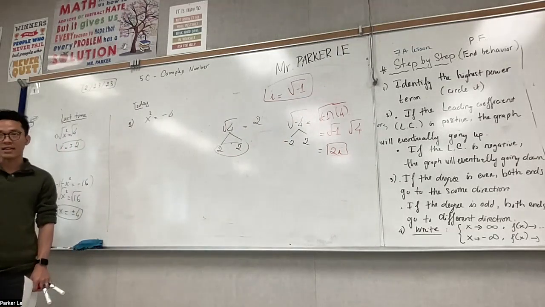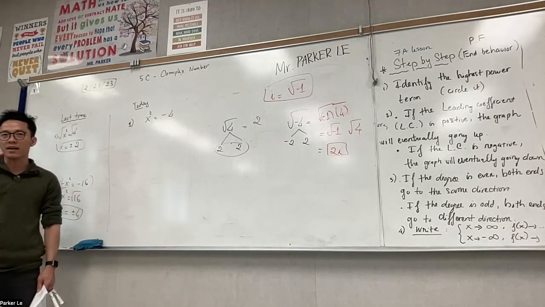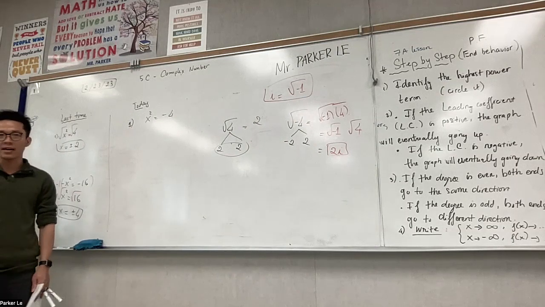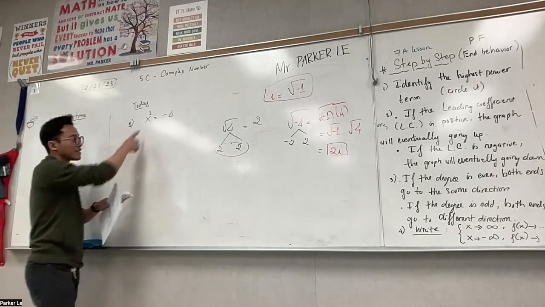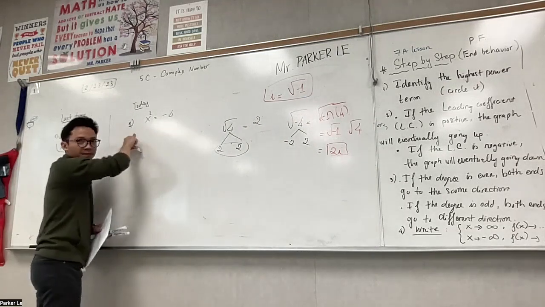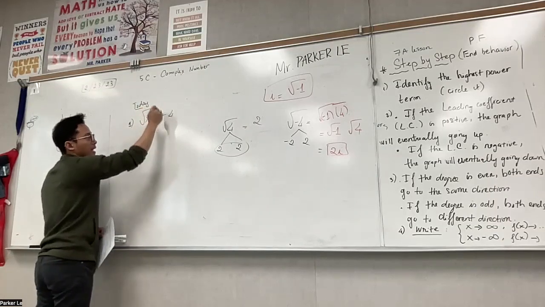That's basically what we're going to learn today. All we learn today is about imaginary numbers, your friend that talks to you every night. So for this problem, what are we going to do? Take the square root of both sides.